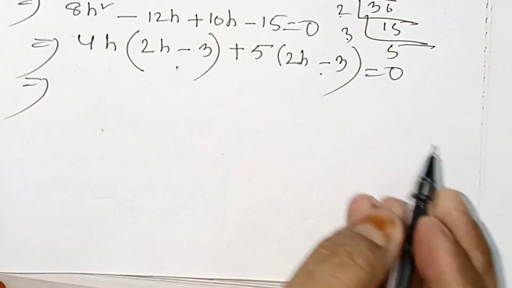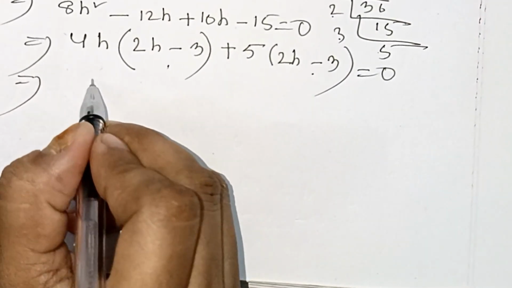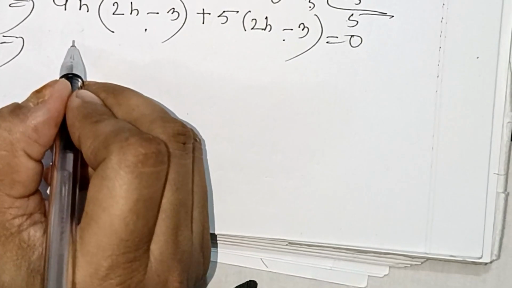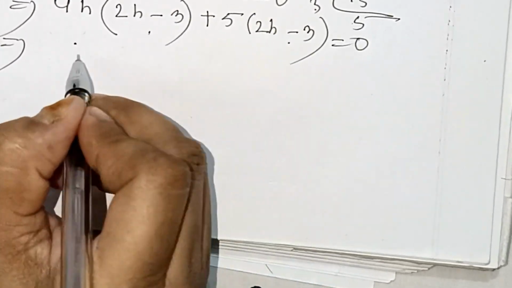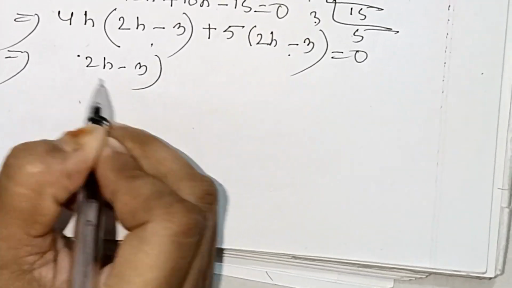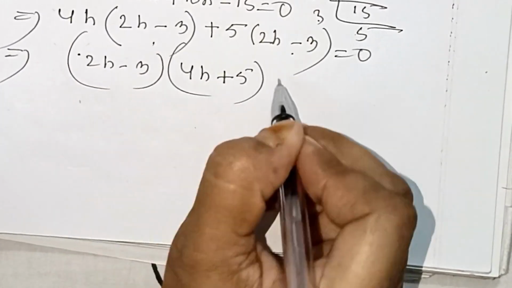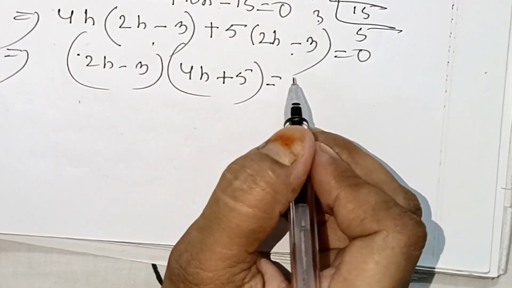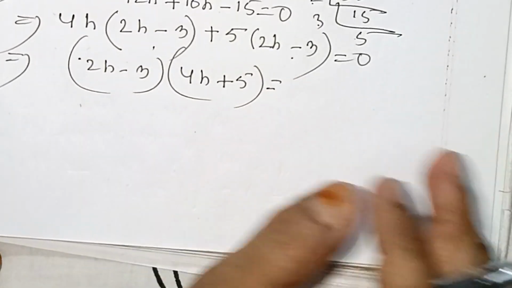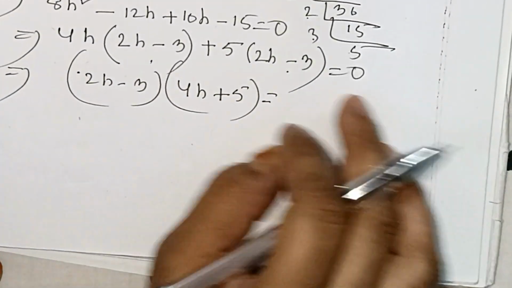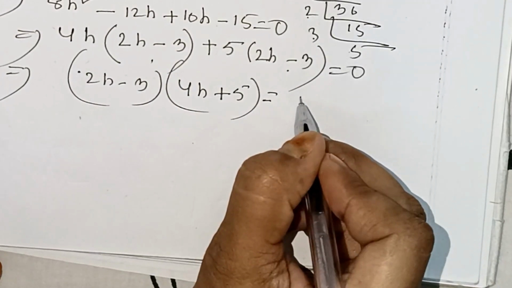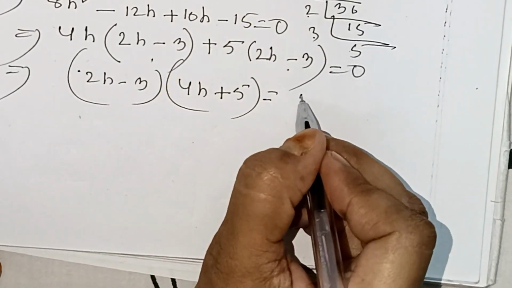We know the middle term: 2h minus 3 plus 4h plus 5. In chapter exercise 3a and 3b, we have solved middle term. So I think in this term we have no problem.